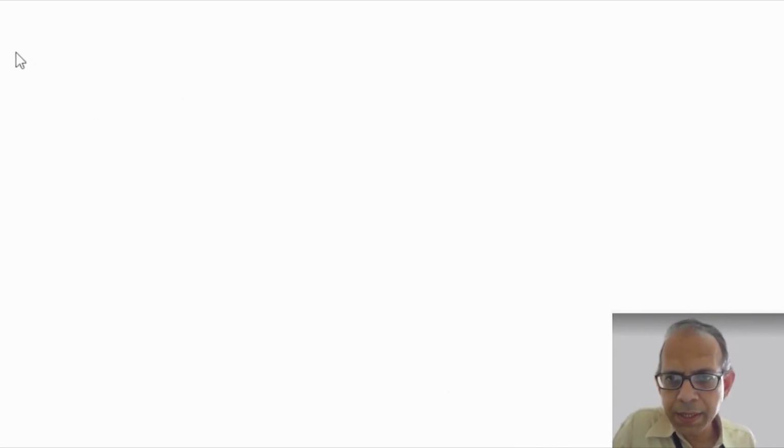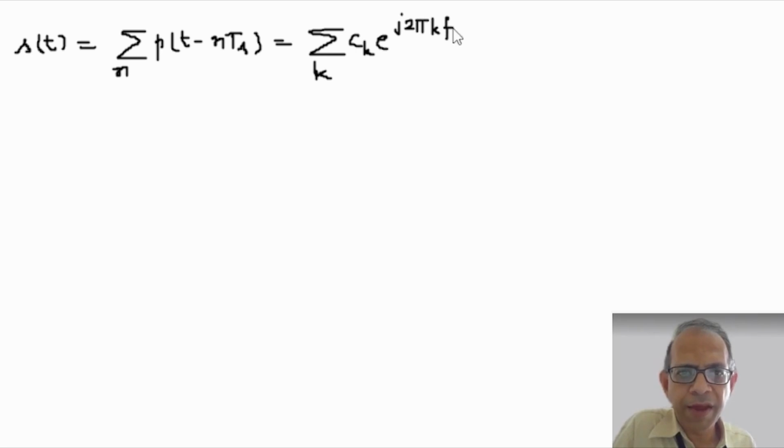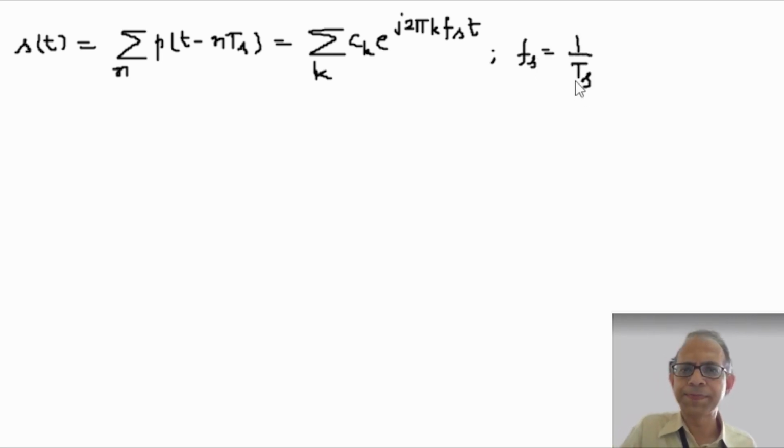So the pulse train s(t), which is equal to the summation over all n of p(t) minus n Ts, can be expressed as a Fourier series: summation over all k from minus infinity to plus infinity of the Fourier series coefficient ck times e to the power j 2 pi k fs t, where fs is the sampling frequency given by 1 by Ts.